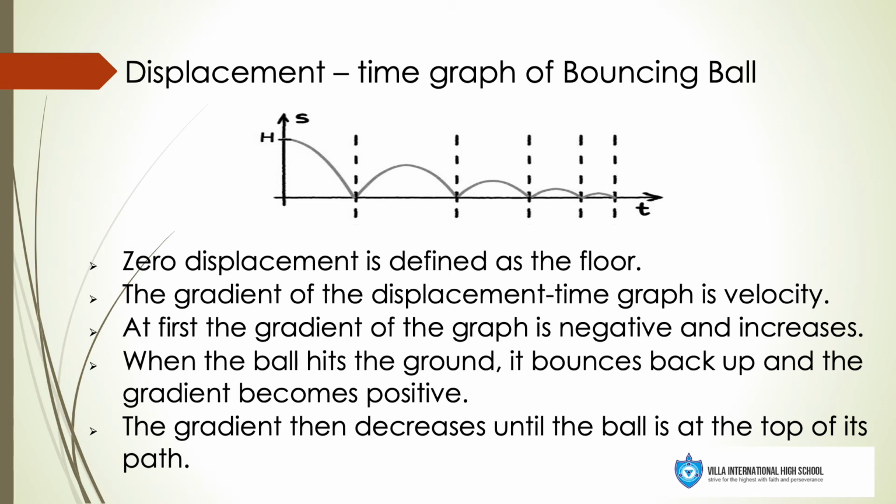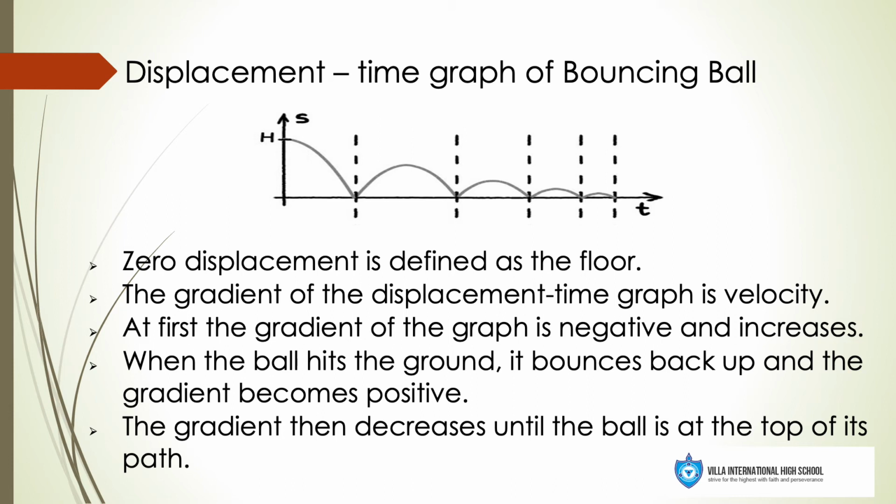When it rebounds, we can see a positive gradient, and the gradient is decreasing, which means it is decelerated motion. There is an acceleration, but the acceleration is negative, that is deceleration. At the top the velocity is zero, then again it moves back down, accelerated motion.